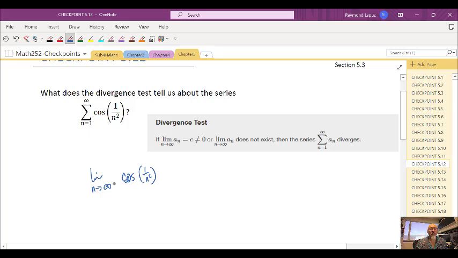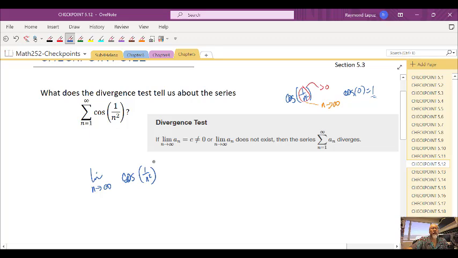Now, I don't know what this graph looks like necessarily, but I know that as n goes off to infinity, this whole expression 1 over n squared goes to 0, and we know that cosine of 0 is equal to 1.